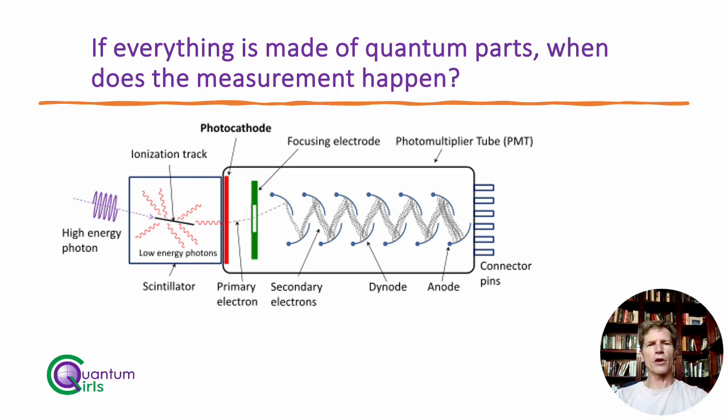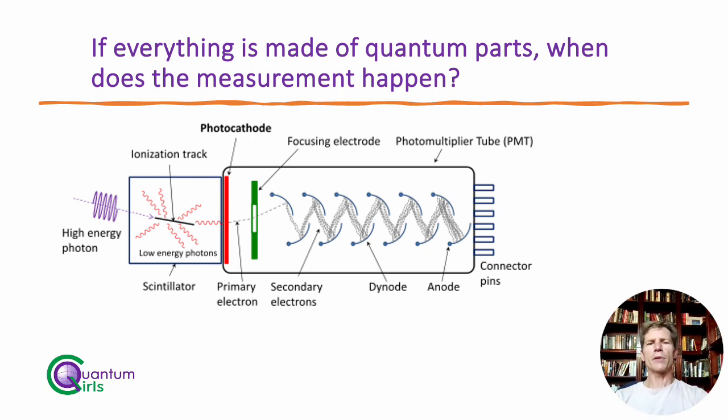It gets converted to low-energy photons, hits this photocathode, which in turn releases an electron. The electron hits one of these diodes, and that converts it to a couple of electrons. That hits another diode, which turns it into even more electrons, and then we just cascade more and more until finally right at the end we have enough energy to send through our connector pins and do something macroscopic like light up a light.